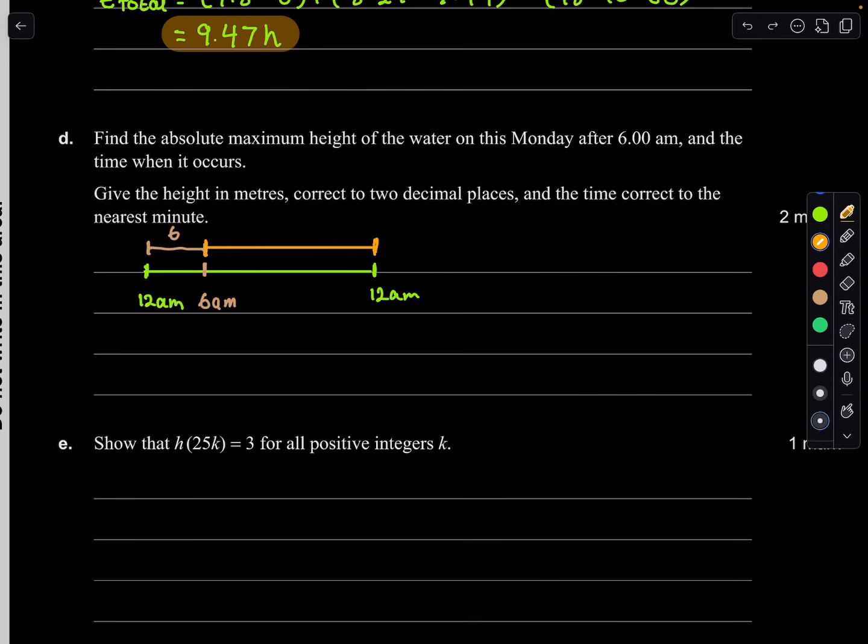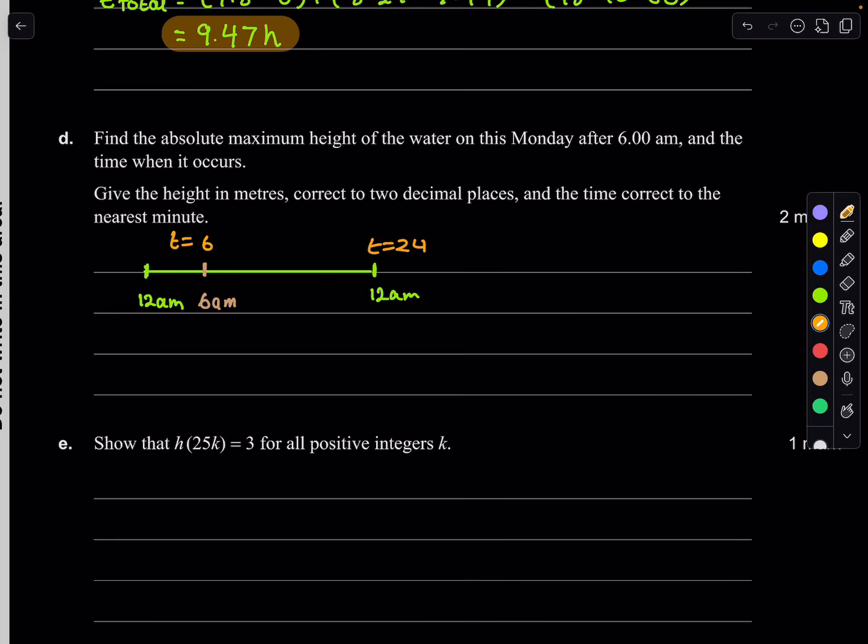So in terms of time, we're saying from t equals 6 all the way to t equals 24, because t equals 24 is where Monday changes to the next day.